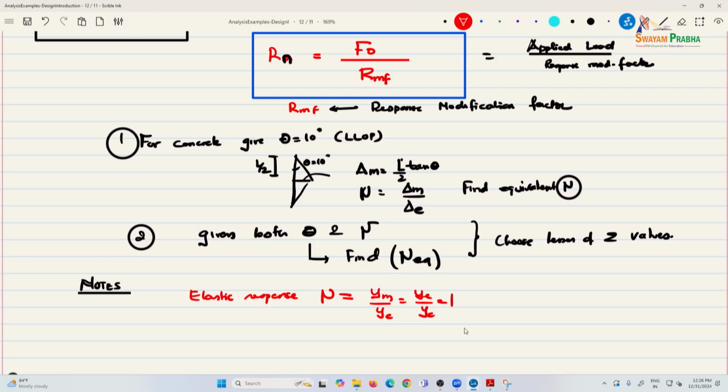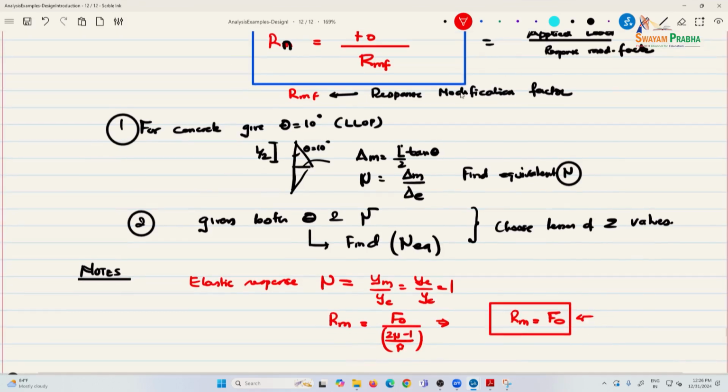For an elastic response, you have Rn is equal to F naught divided by 2 mu minus 1 by mu. So, basically quasi static, right? You're not amplifying anything here. Mu is 1, 2 minus 1 is 1, 1 by 1. So, Rm is equal to F naught, correct.